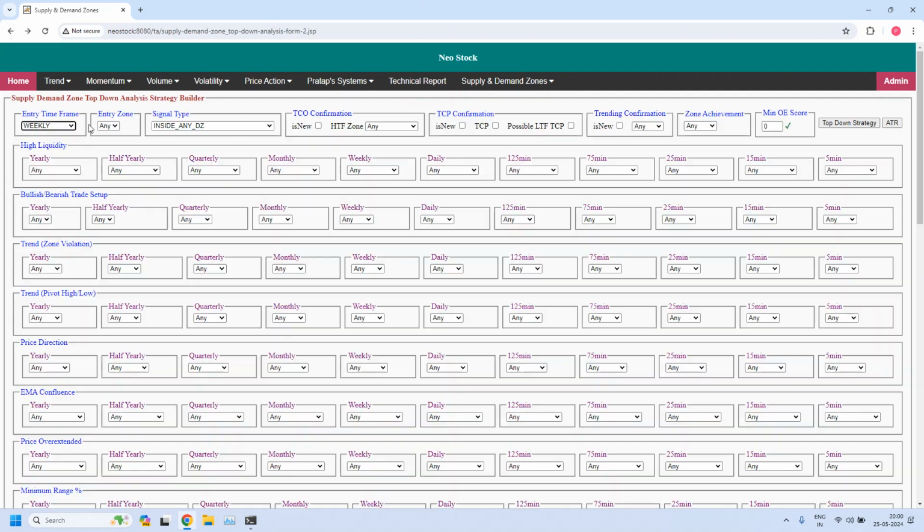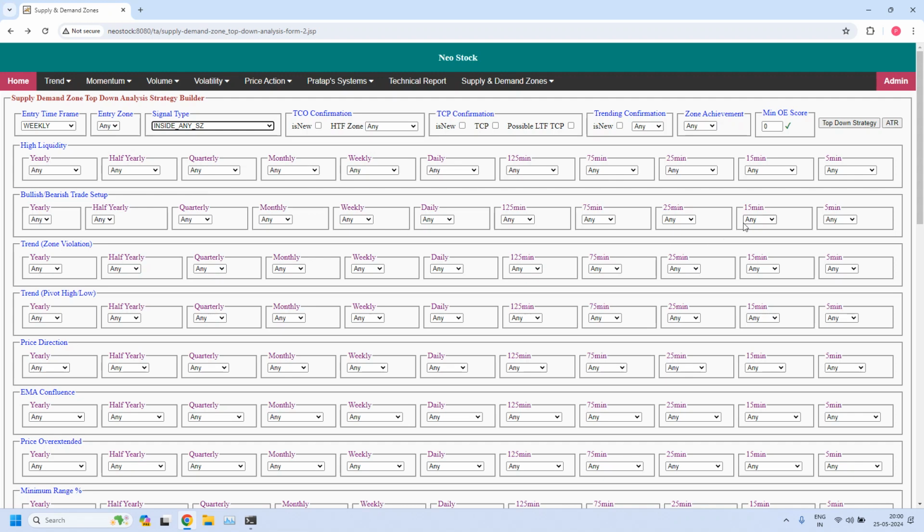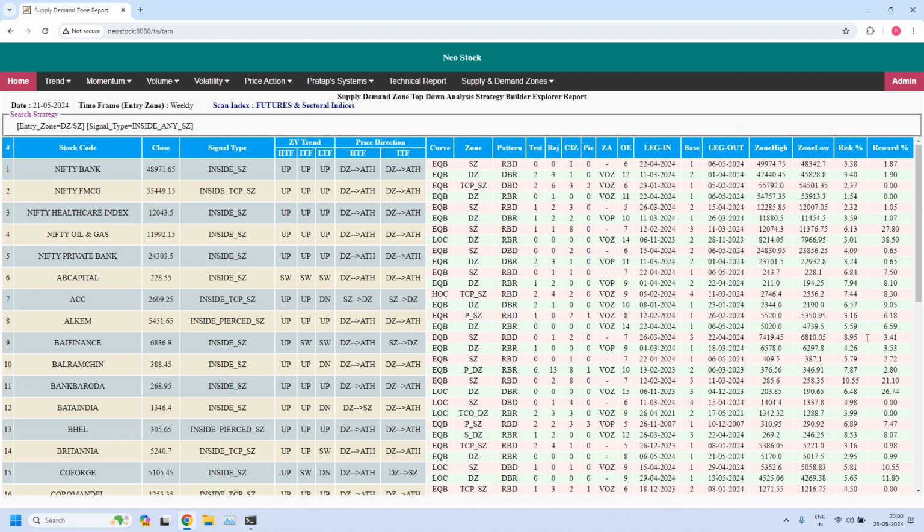For weekly time frame, let us find the stocks where price closed inside weekly supply zone. So this is the filtered list where price closed inside weekly supply zone. I am scrolling the list down.